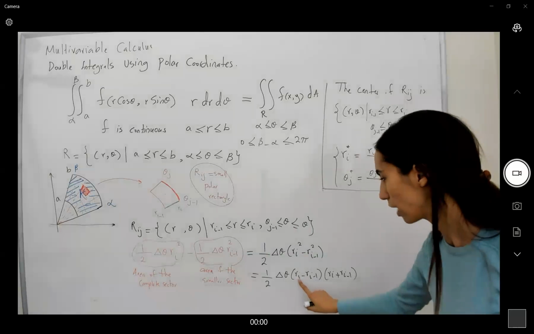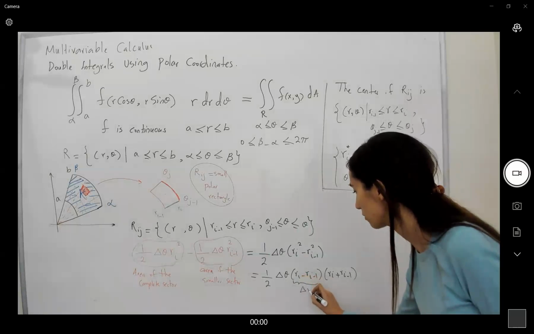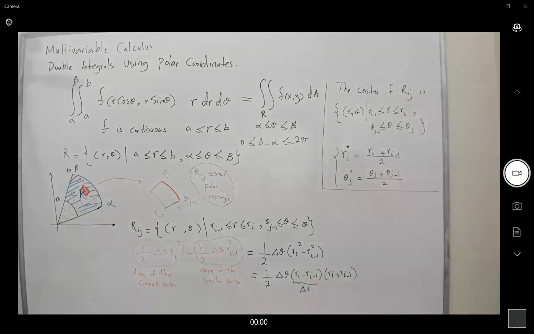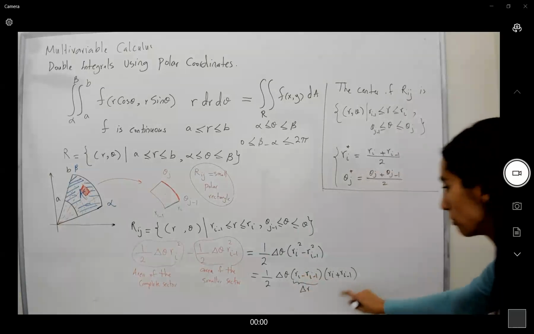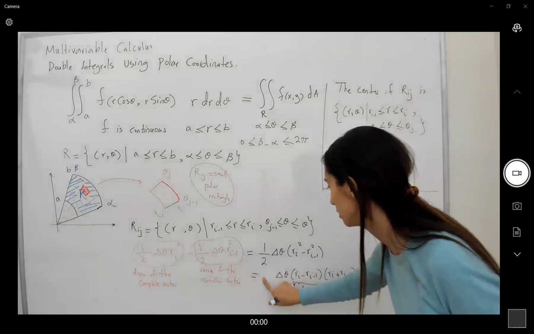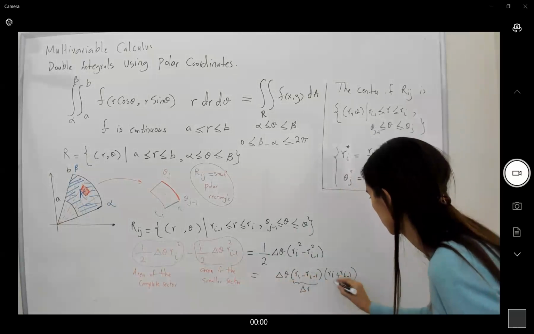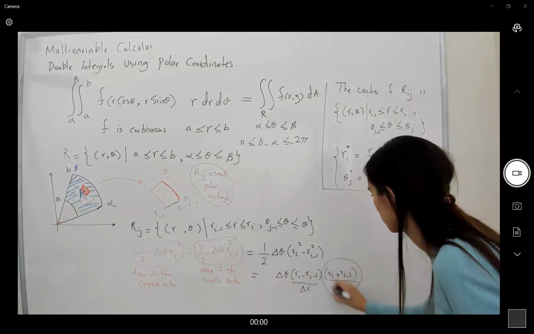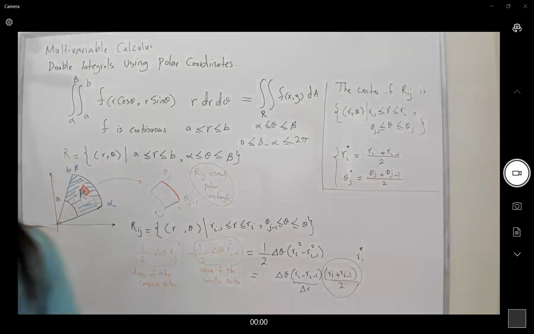So note that here you have Ri minus Ri minus 1, which is actually delta R. That's how we define delta R. And a half Ri plus Ri minus 1 is going to be Ri star. This is my Ri star. There you go. So far, so good.